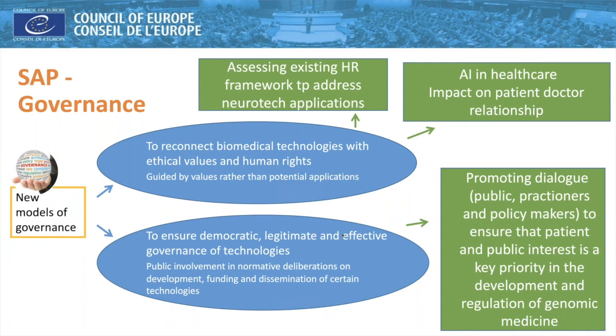There was a wish to particularly focus on the development in genomic medicine. The idea of this action will be to promote dialogue between different stakeholders, including publics and practitioners, to ensure that patient and public interest are key priorities in the development and regulation of genomic medicine.